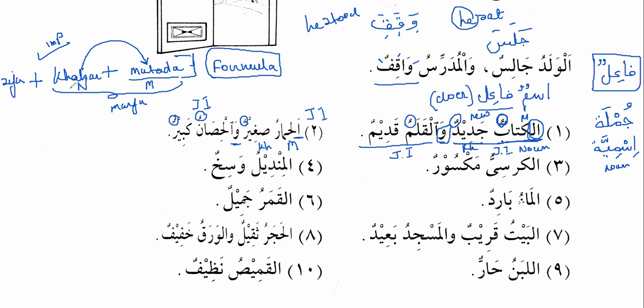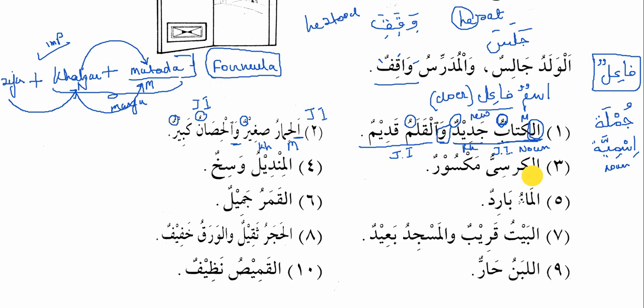And then if you want to describe the khabar or the mubtada, after the khabar comes the sifa. You cannot put sifa in the place of khabar, or khabar in the place of sifa. So this is the formula you should learn for constructing Arabic sentences.